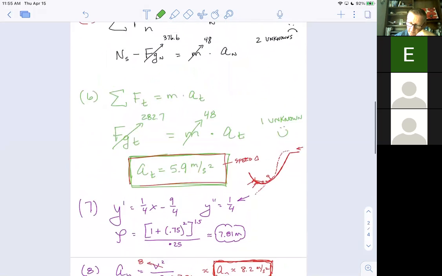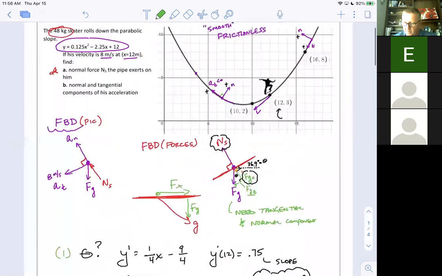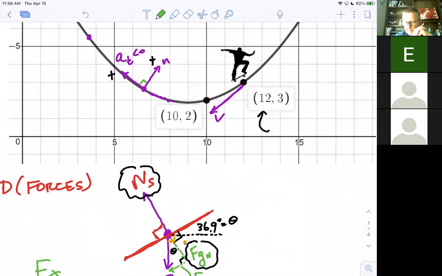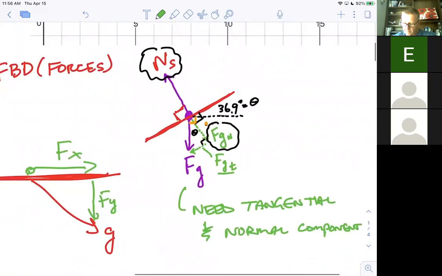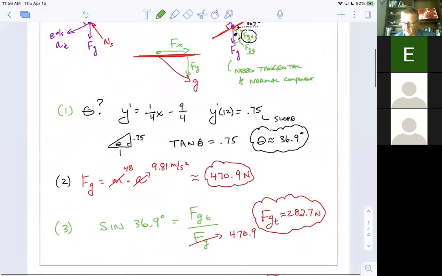So at this location in the bottom of the pipe, where the circle is pretty tight, it's pushing on you a lot to go along the black line instead of along the purple line, the tangential line. It's changing your direction. So that's why it's so much bigger than just the force of gravity.